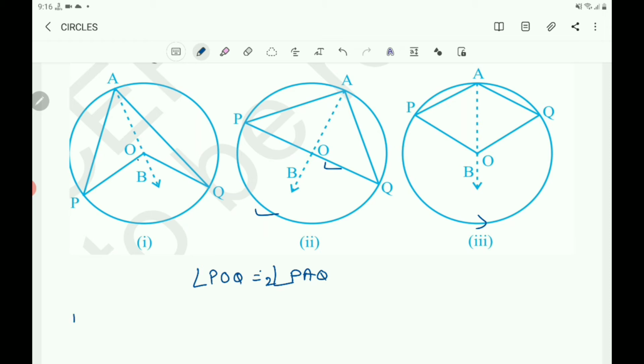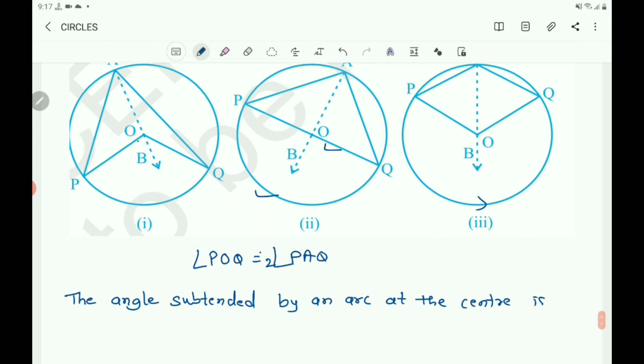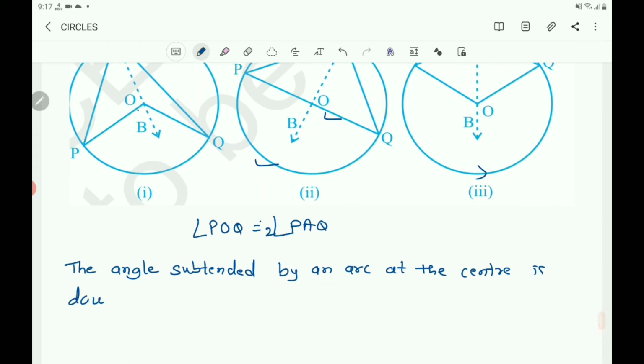So you write that the angle subtended by an arc at the center is double the angle subtended by it on the remaining part of the circle.